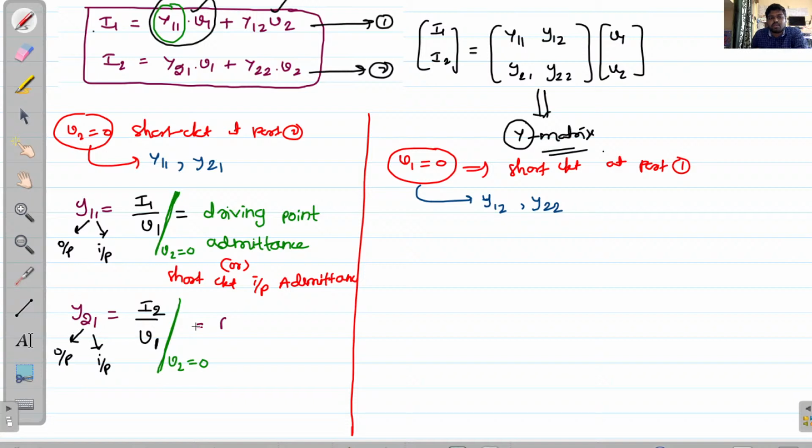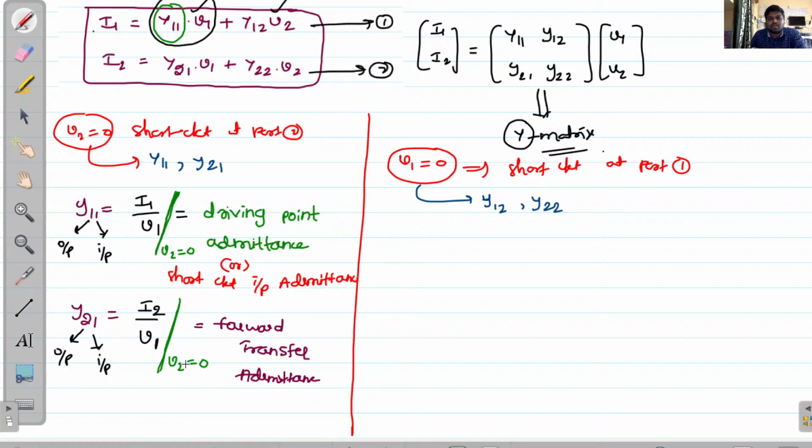Forward transfer admittance, not impedance. Some textbooks refer to it as forward short circuited transfer admittance. That is also correct. Why? Because this entire thing is possible with the help of short circuit only.